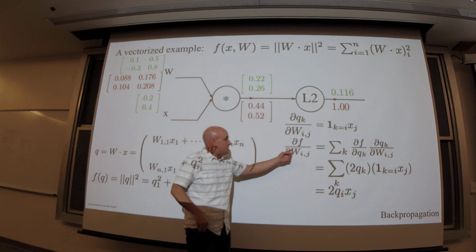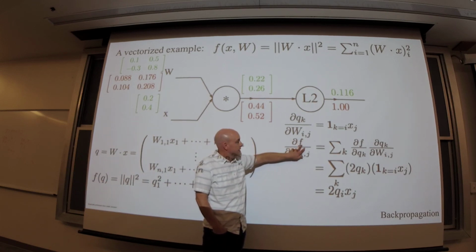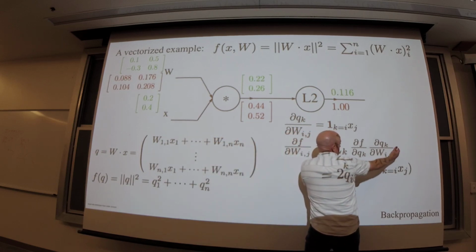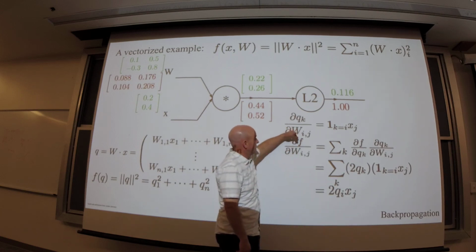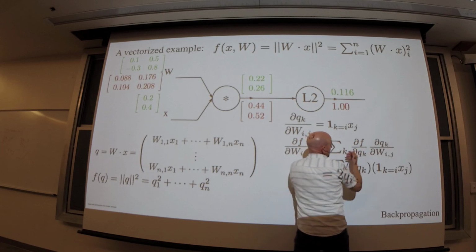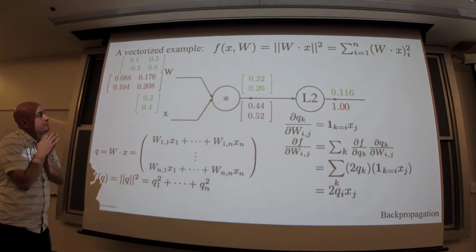Again, because this is a scalar, think of it this way, like dimensional analysis: because this f is a scalar, this has to be a scalar, so that's not going to be the right way to tell you that.